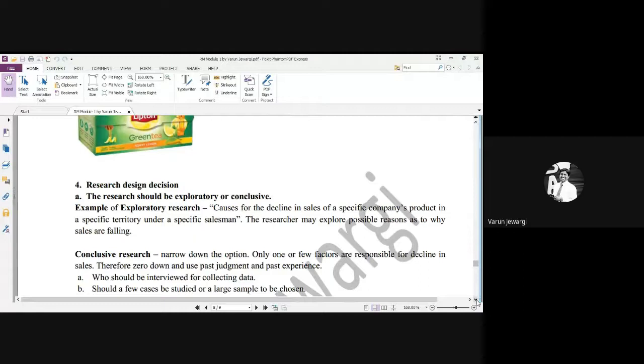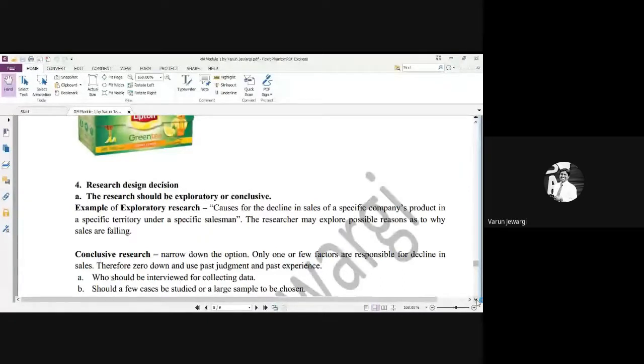If the sales of company X are declining, the sales manager will have a meeting and ask the five subordinates what the reason is, and they'll give many reasons. But out of these, what is the right reason? They have totally no idea. Such research we call exploratory research. They just make an assumption, a hypothesis: this might be the reason, this could be the reason.